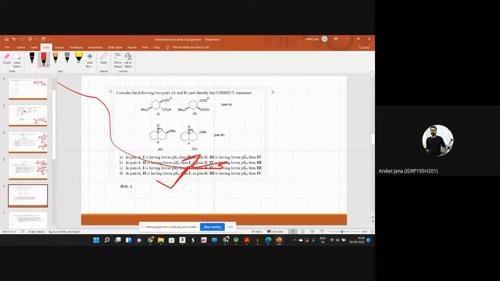So let's start with set one, that means pair A. Let's discuss. Okay, so at first we will draw the structure of compound one. Okay. Is this correct?